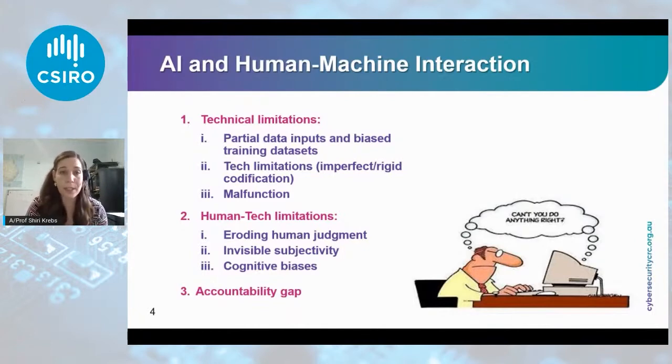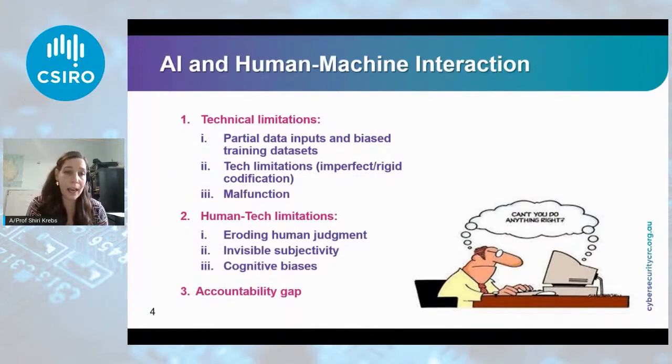It also includes this invisible subjectivity where we tend to trust the technology and trust the data without being able to fully evaluate some of its limitations and perhaps some of the partial data or the limits of the data that was fed into it.